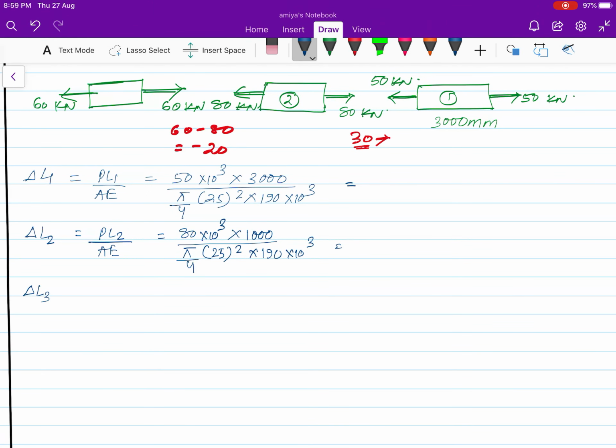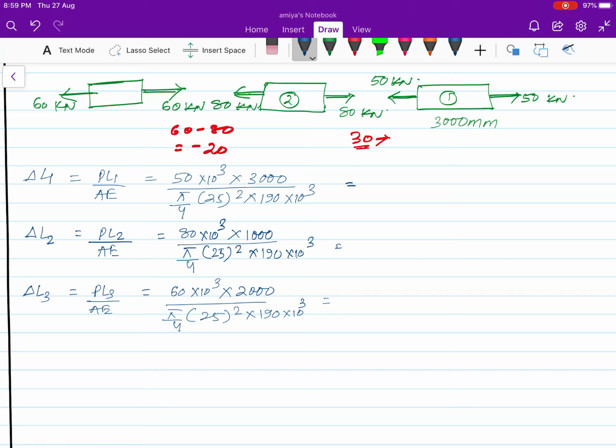Now del L3 is equal to PL3 by AE. P is 60 into 10 to the power 3, into 2000, divided by pi by 4 into 25 square into 190 into 10 to the power 3.